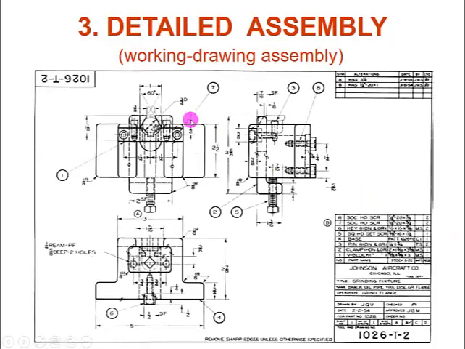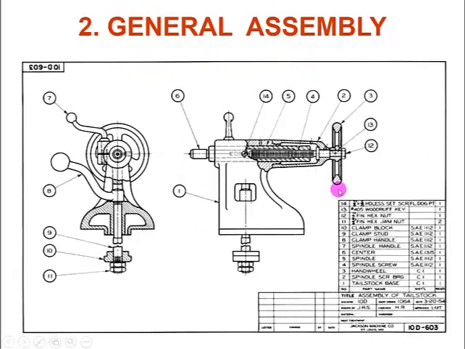And number 3 is the detail assembly. So you put all the parts together and also show the detail of each part together, and it will be like this. That will be too difficult for you to read just now. So in this course, I recommend using the general assembly like this. That's okay.